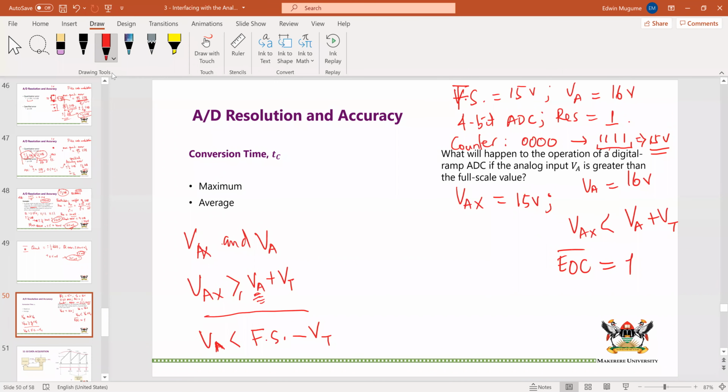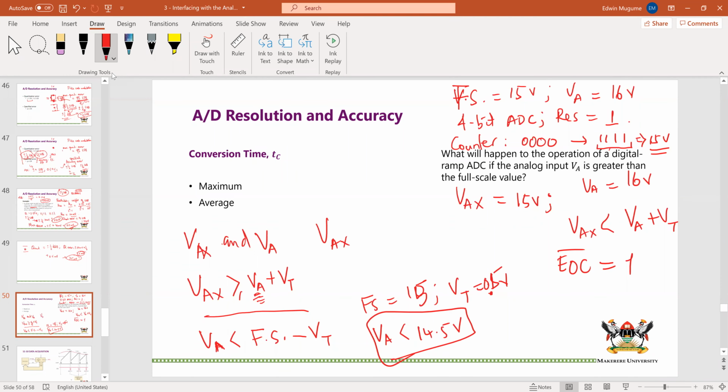In other words, if full scale is, as we have seen, 15, and let's say VT is 1 volt, or 0.5, let me take it as 0.5 volt, then VA should be less than 14.5 volts. This is the only way it can be converted, because it means that at some point when VX is at 15 volts, it will have satisfied that condition.